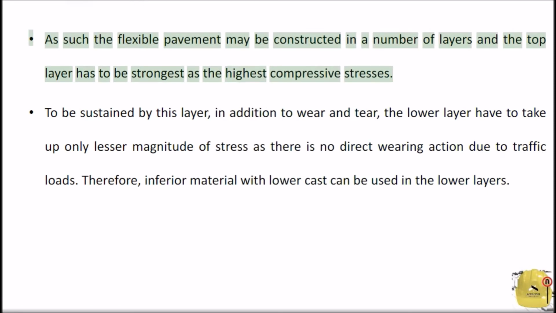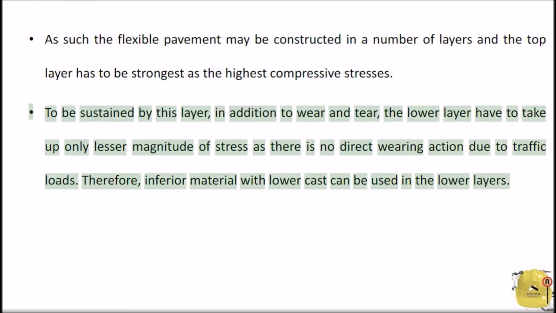As such, the flexible pavement may be constructed in a number of layers, and the top layer has to be strongest as the highest compressive stresses are to be sustained by this layer. In addition to wear and tear, the lower layers have to take up only a lesser magnitude of stress as there is no direct wearing action due to traffic loads. Therefore, inferior material with lower cost can be used in the lower layers.